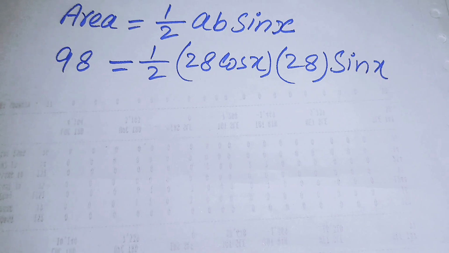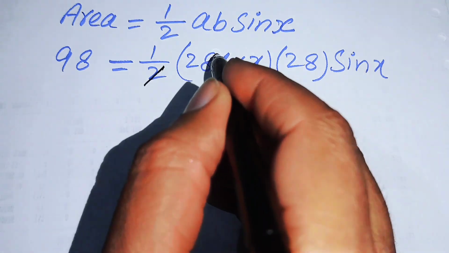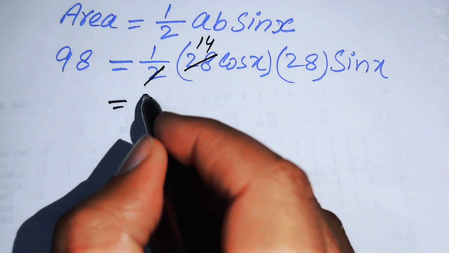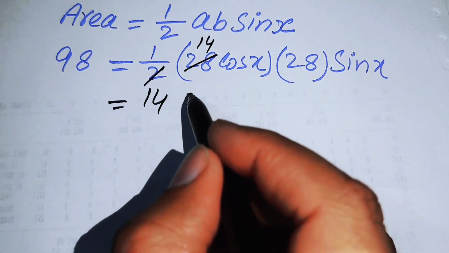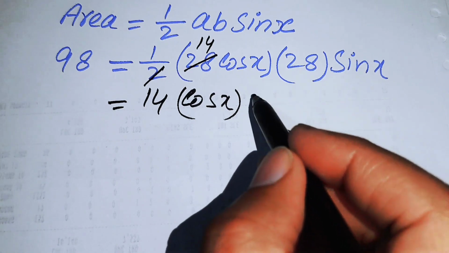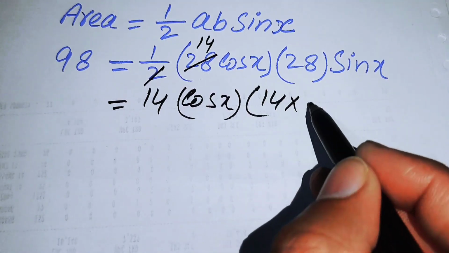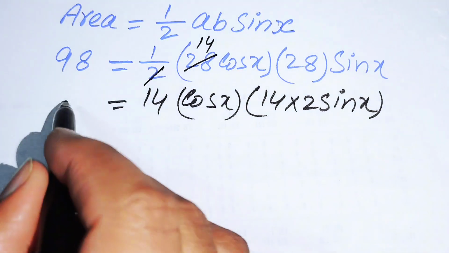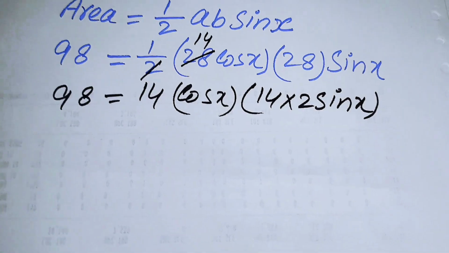So in the next step we will just simplify the terms, and here you see that these are cancelled. 2 times 14 is 28, so we can write here 14 times cos of x, into, you write this 28 as 14 times 2, into sine of x, and on the left hand side we have 98.